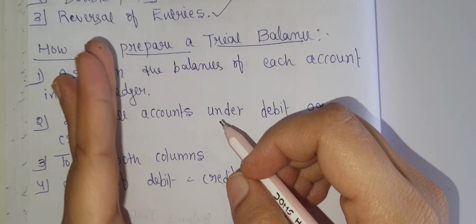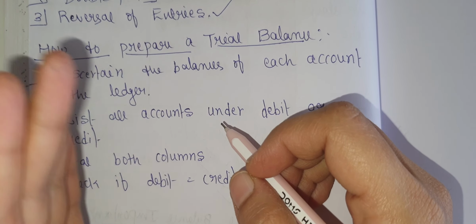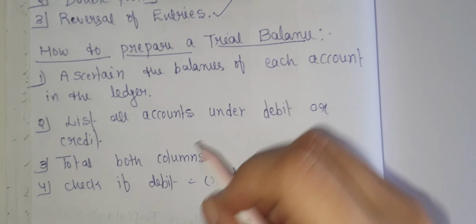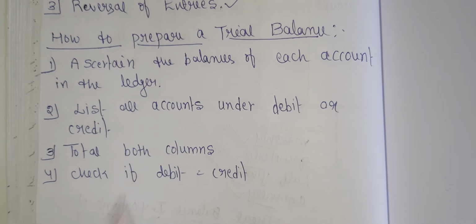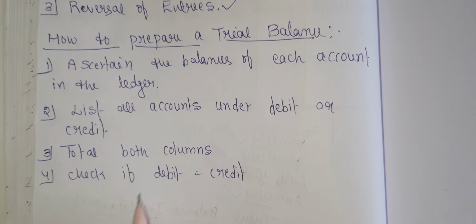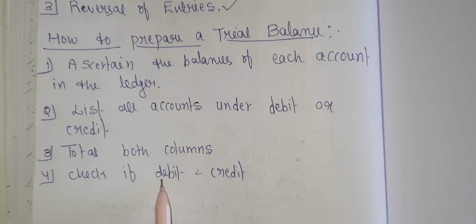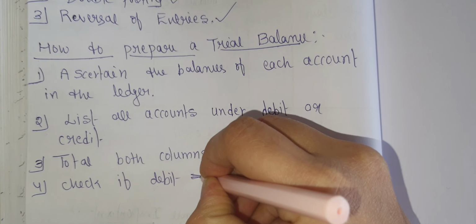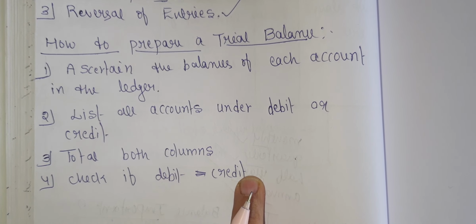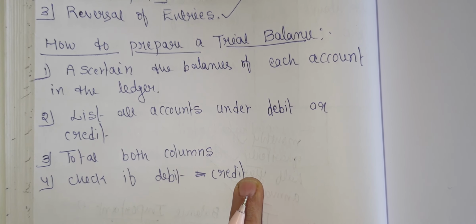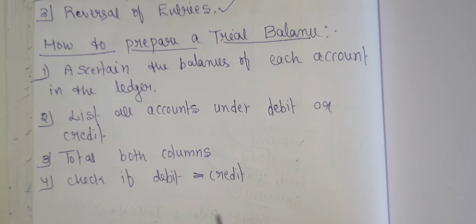Third step is totaling both columns. Fourth is to check if debit equals credit. These are the steps we have to consider when preparing a trial balance.